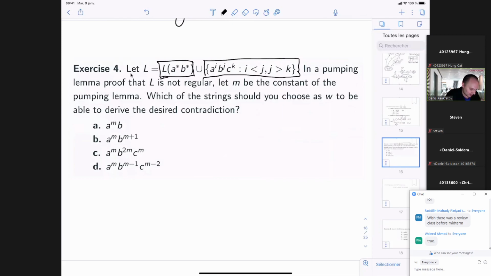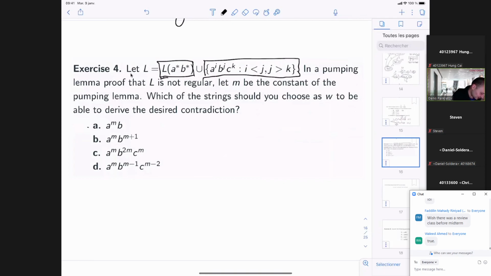It is A to the power I, B to the power J, C to the power K, and J should be greater than I, as well as J should be greater than K. And you're trying to prove that L is not regular. M is, again, the constant of the pumping lemma as usual. Which of the strings should you choose as W to be able to derive the desired contradiction?